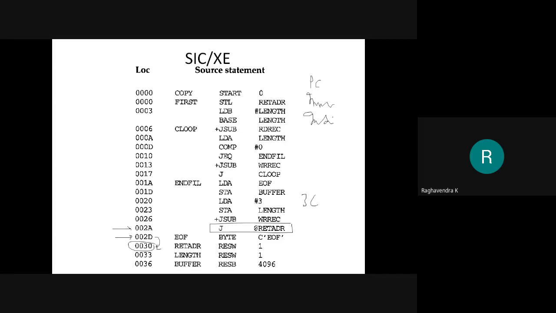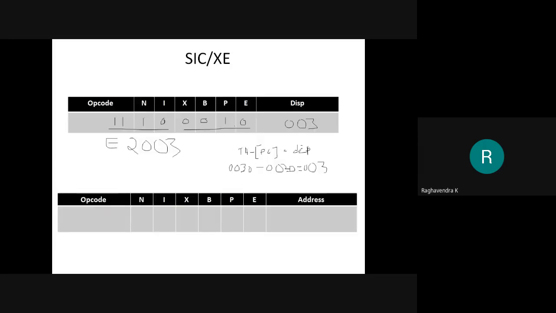So we are done with PC, immediate, indirect, right? When it comes to indexed addressing mode, we already know it will look something like this. In that case, we are supposed to set the X bit to 1, and in our calculation we also need to consider the value of X as usual.